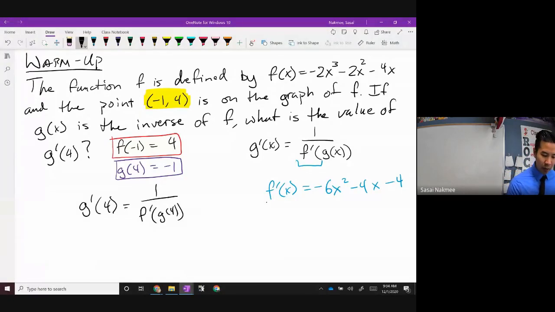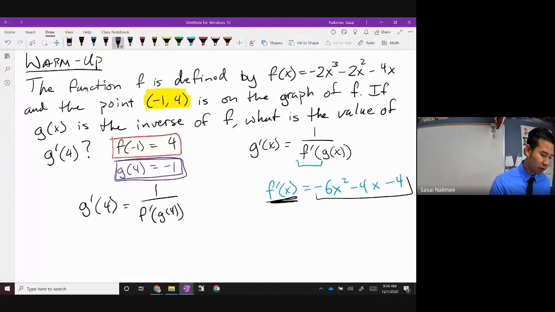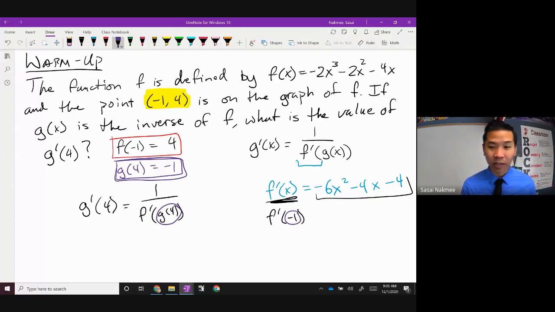So I have f prime of x now. I can plug this in, but I need to see what I need to plug into that. I need to plug into this derivative function what g of 4 is. Well, I know what g of 4 is. G of 4 is equal to negative 1. So that means all I got to do then is find out what f prime of negative 1 is. I'm going to be replacing g of 4 with a negative 1.